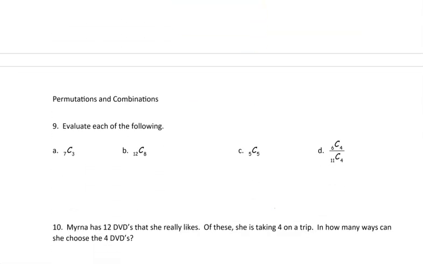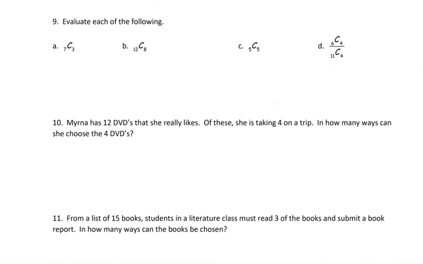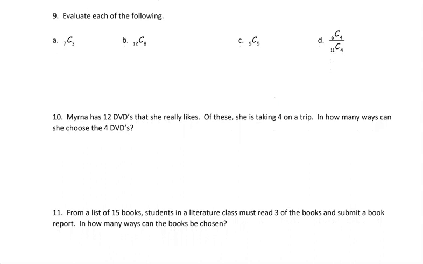So to start out, let's go ahead and do some combinations. Starting out with 7C3. Remember, 7 is our n, 3 is our r. So it's going to be 7 factorial over 7 minus 3 factorial times 3 factorial.